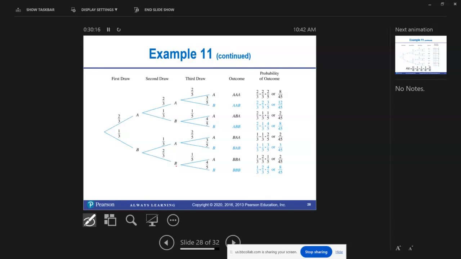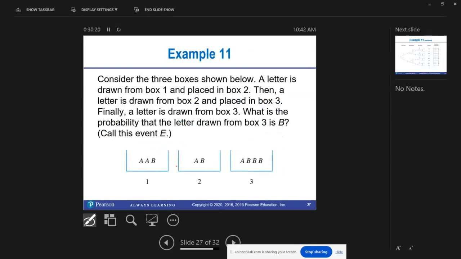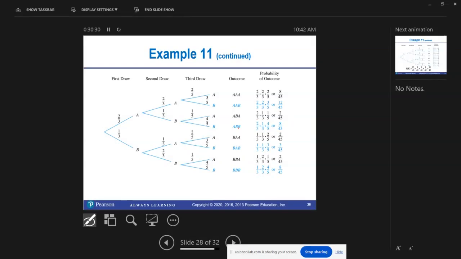In the third draw, we have 4 letters here. If we draw a letter from box 2 and put it in box 3, we now have 5 letters. If we were to draw an A, we would have 2 A's out of 5 and 3 B's out of 5.